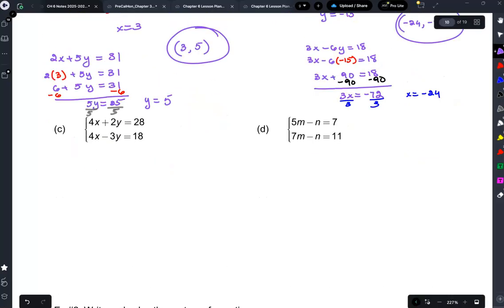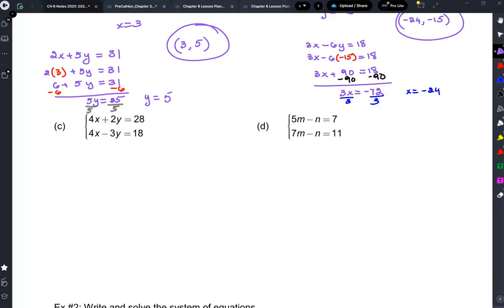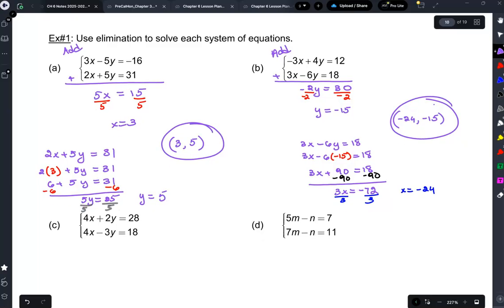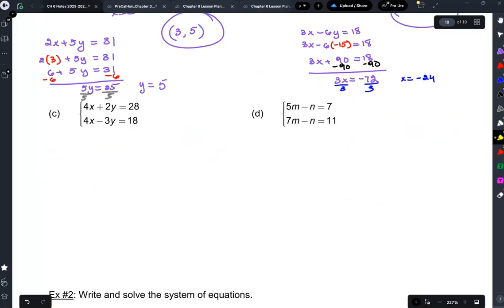Okay, so take a look at this one. Now look at this one. I don't have an opposite one. I have a 4x and a 4x. They're identical, not opposite. So this one, I'm not ready to add, right? I was ready to add here because it was 1 minus 1 plus. This one, they're both the same sign. So what do I need to do first? Change the sign.